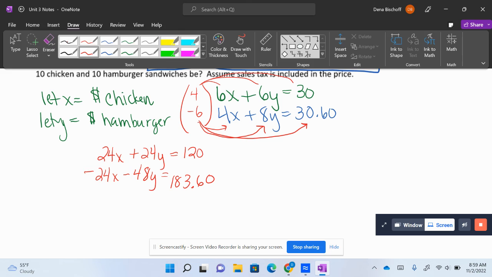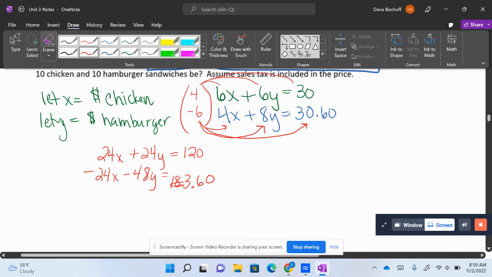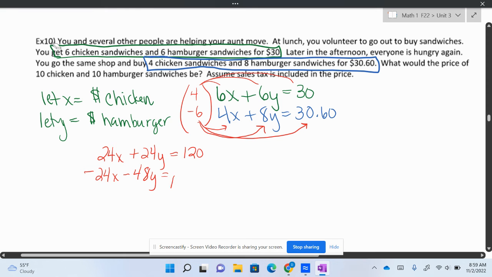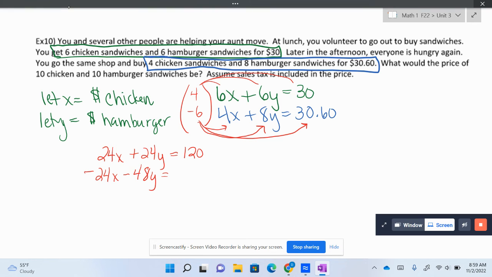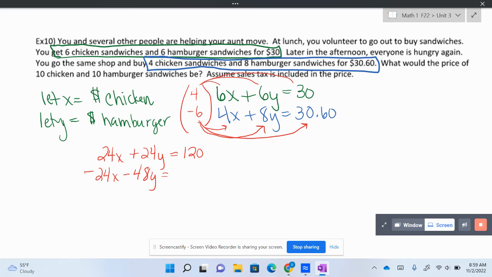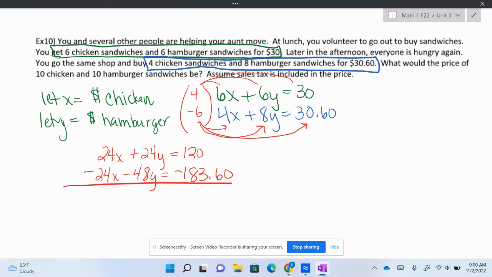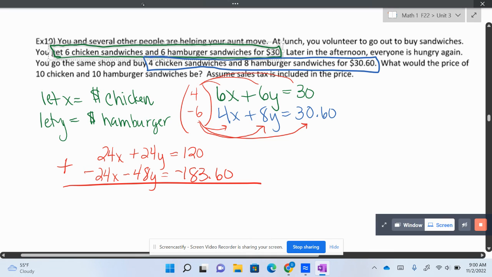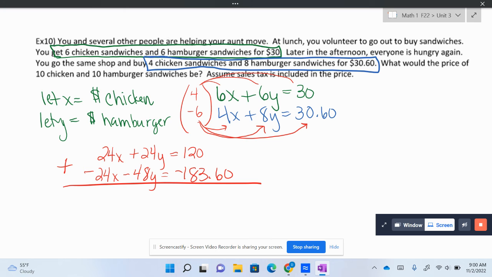That's great. I think it's negative 183.60. Who's calculating that for me? Is that right? Okay, thank you. Negative 183.60. So we're going to add these two equations together. We're going to end up eliminating our x's.